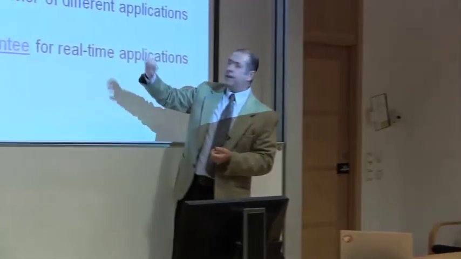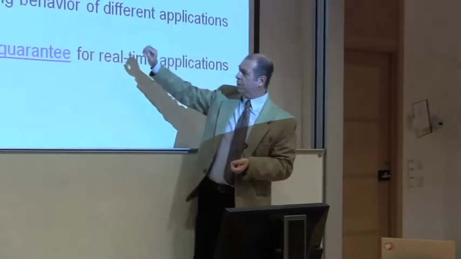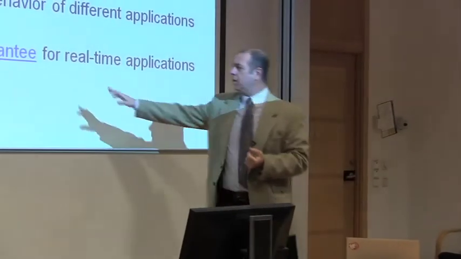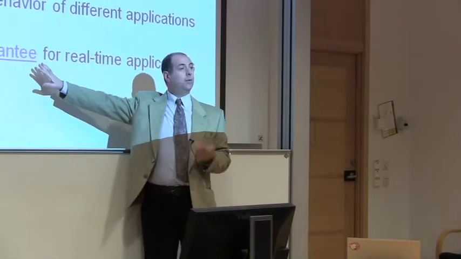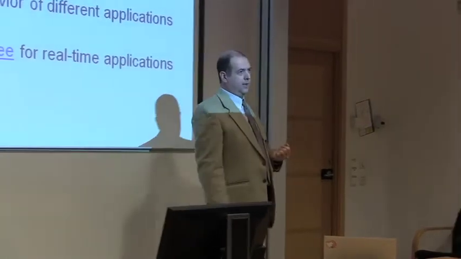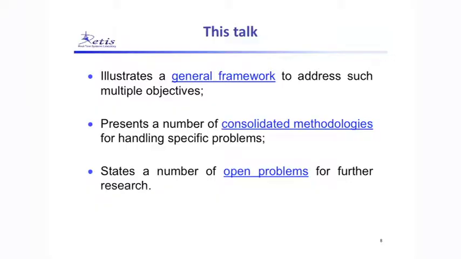But this is not so trivial. We would like to isolate the behavior of different applications, and at the same time provide some offline guarantee for critical applications, for aircraft applications, for example, but also for automotive applications. We need some offline guarantee, especially for critical activities.